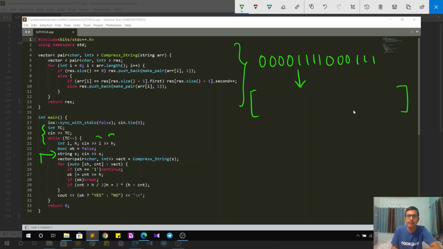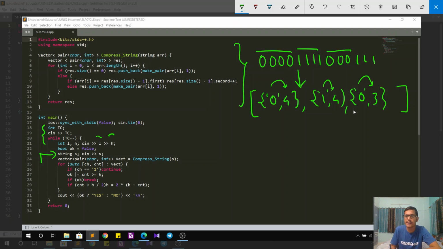The vector of pair will be like 0, 4, then 1, 4, then 0, 3, and so on. That is, basically it will tell me that the character 0 is present 4 times. The character 1 is then present after that 4 times. Then the character 0 is present 3 times, and so on. So I have a vector of pair that tells me the information about original string.